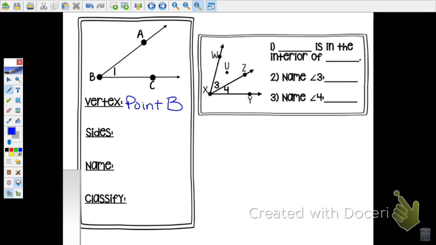Remember, when we name rays, you have to start with the endpoint, and your arrow goes to the right. The first letter that you write always has to be the endpoint. So then the other side is ray BC.